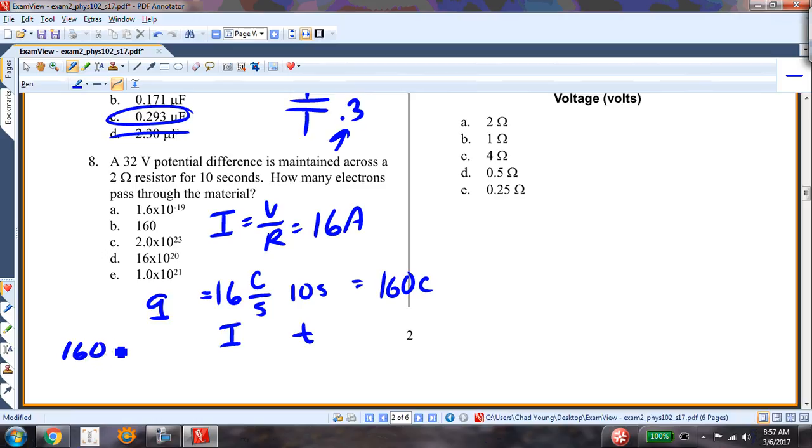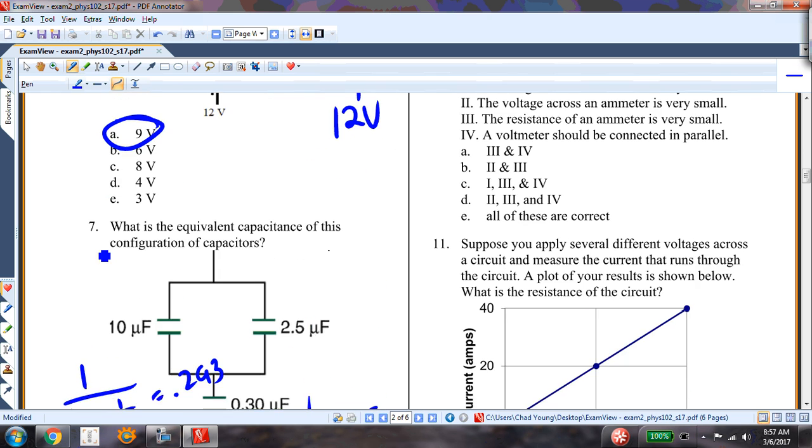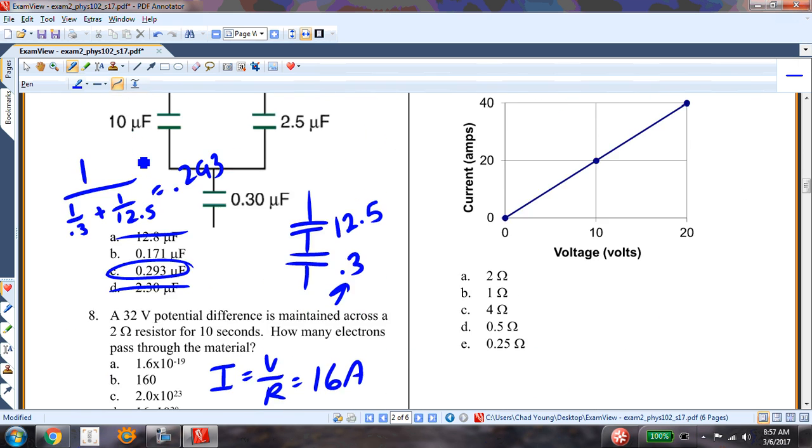So 160 coulombs, there are 1.6 times 10 to the minus 19 coulombs per electron. Divide those two, and it gives me 1 times 10 to the 21. So number 8 is E.